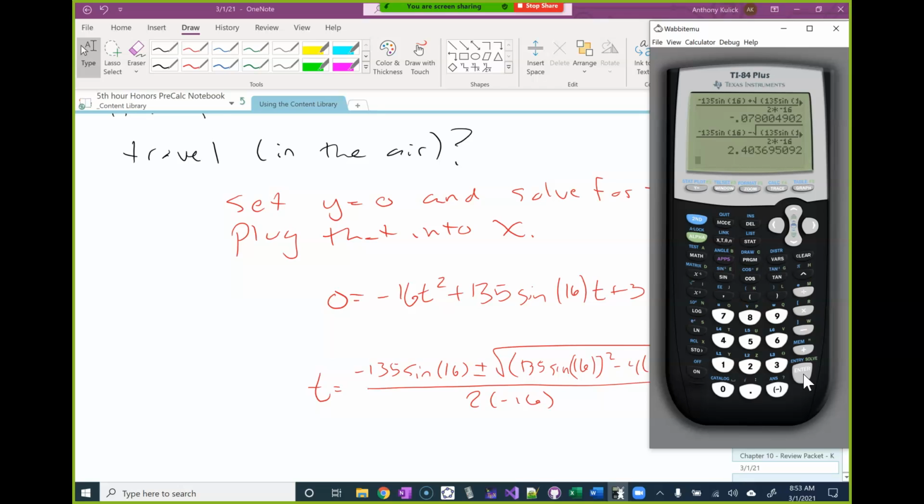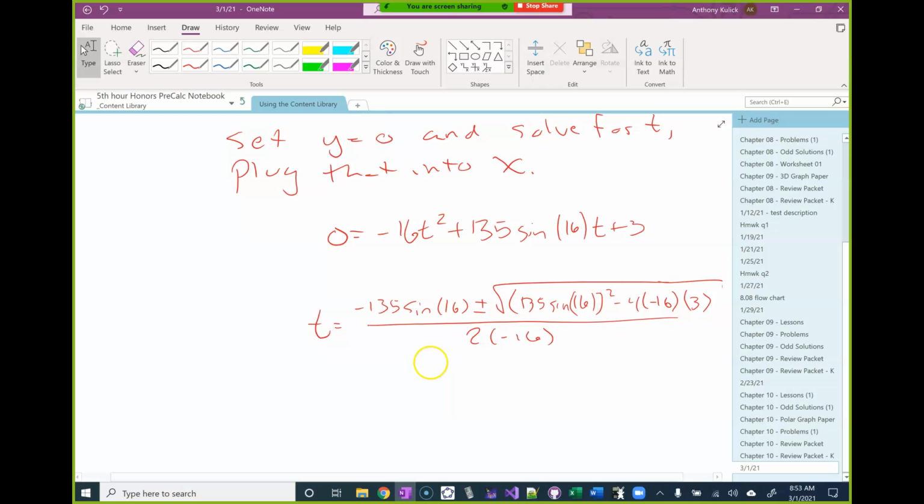And then to get my value for x, I'm going to go ahead and plug that back into my equation.